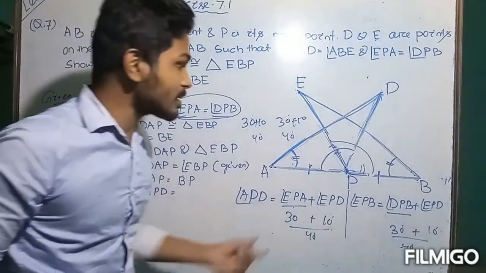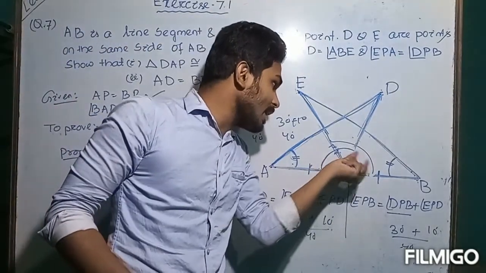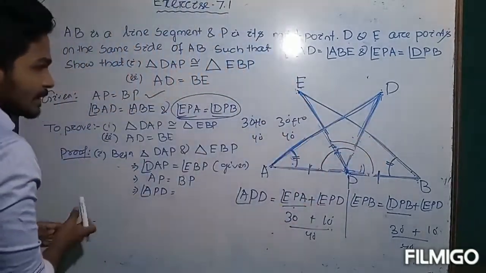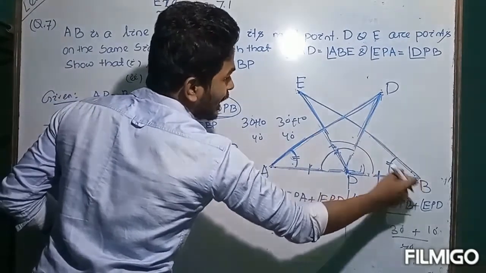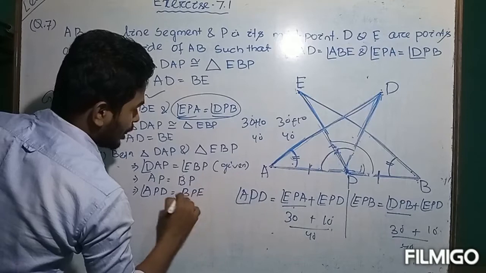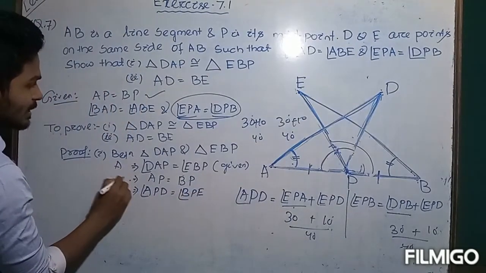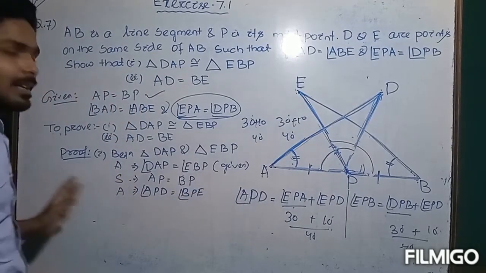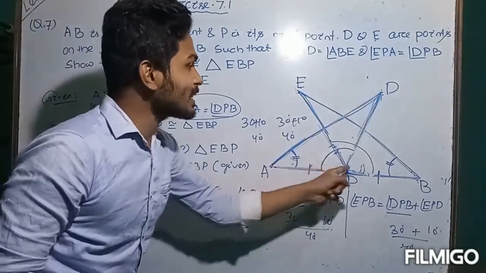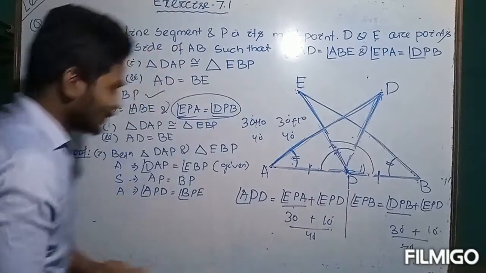It is very easy to understand, because this angle is equal to this angle. If we add the same common angle to both the angles, then they will be equal. So APD is equal to which angle? BPE. This stands for angle, this stands for side, this stands for angle. So by angle side angle congruency, this triangle is congruent to this triangle.